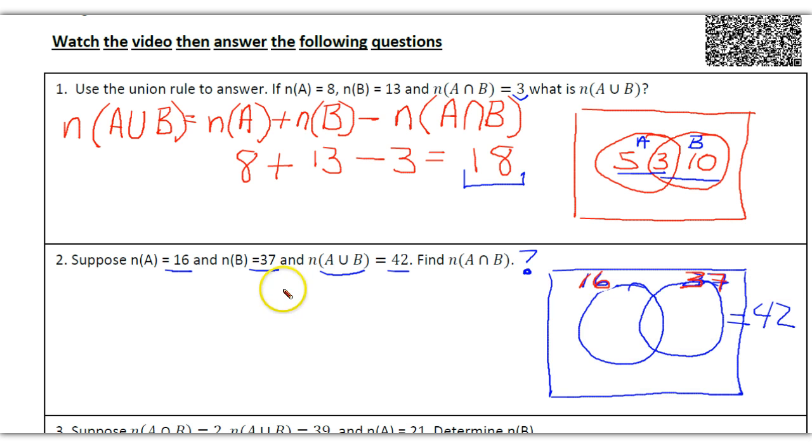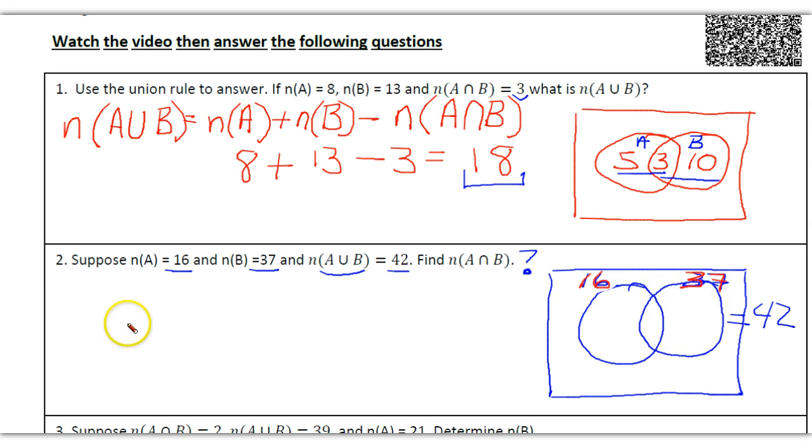Here is where the figure might help a little bit in understanding what's going on. What we don't know is the intersection, but we know what our total is for this and our total is for that.